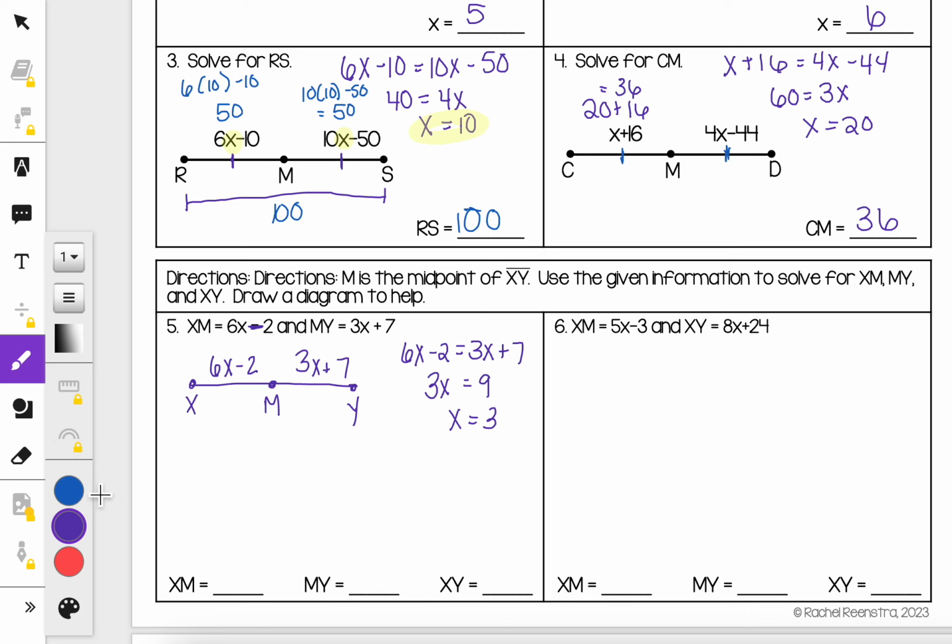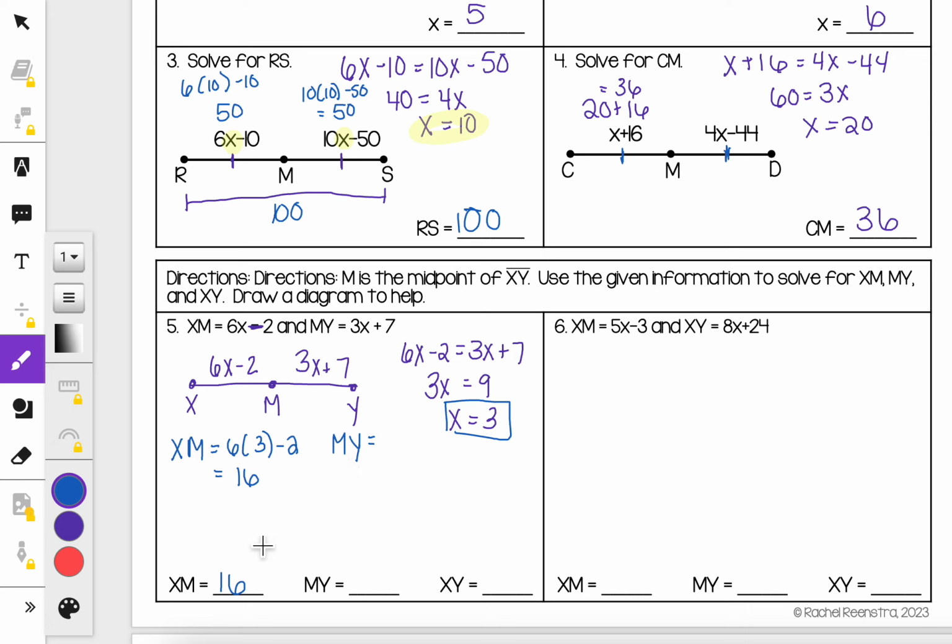Now we want to take that X equals 3 and substitute that into XM. So XM is going to be 6 times 3 minus 2. We get 16 over there, so XM is 16. This next step here is a good way to check your answer.